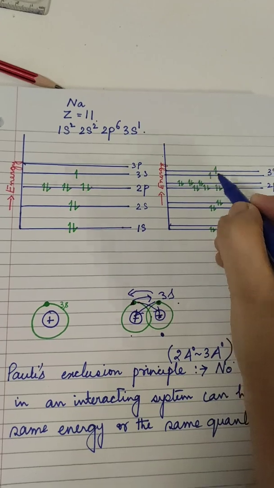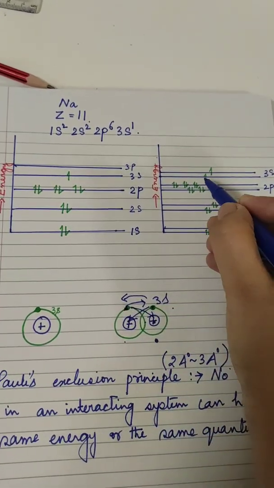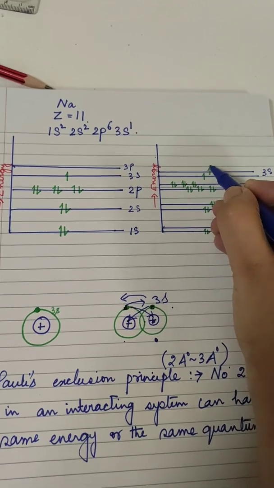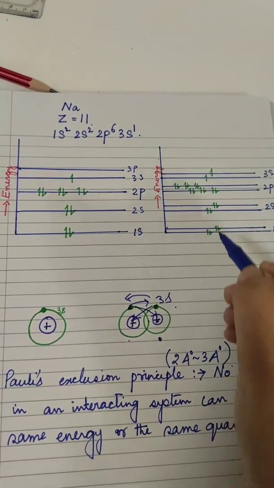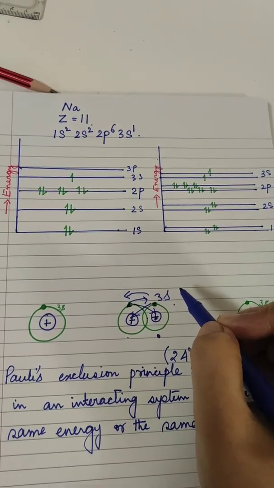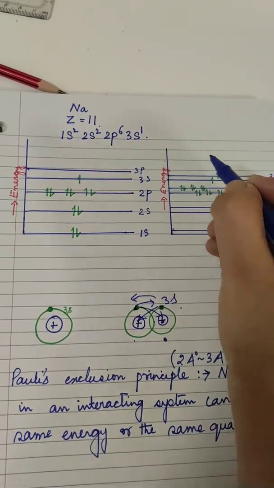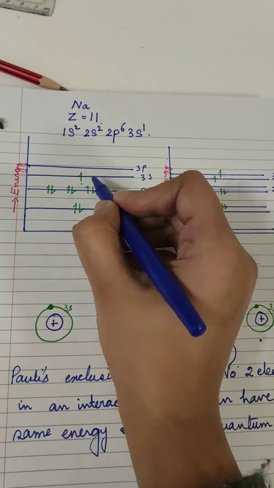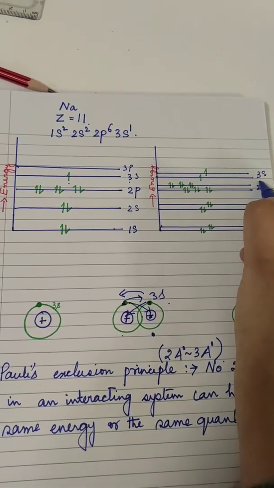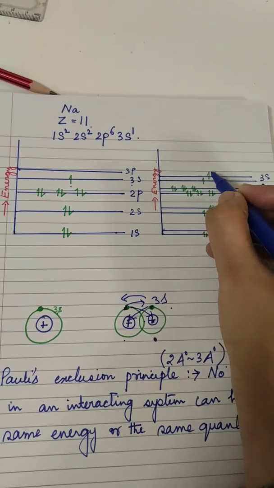Each energy level contains one electron, which means that the energy of this electron is different from the energy of this electron. These two electrons are not the same. And the energies of these two electrons are again different from the energy of the isolated atom's electron, all being at the 3s energy level. Okay, so there is splitting of this energy level.